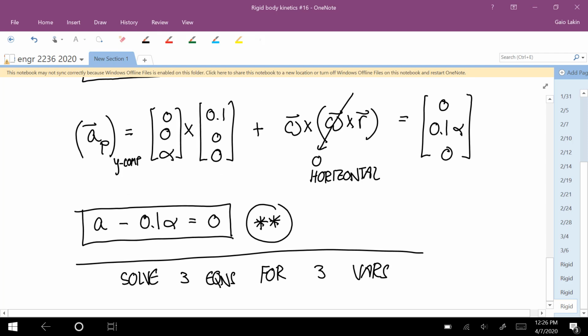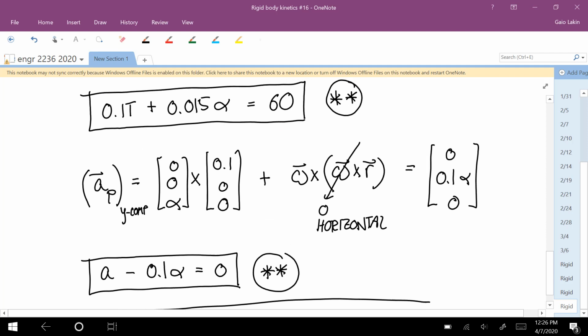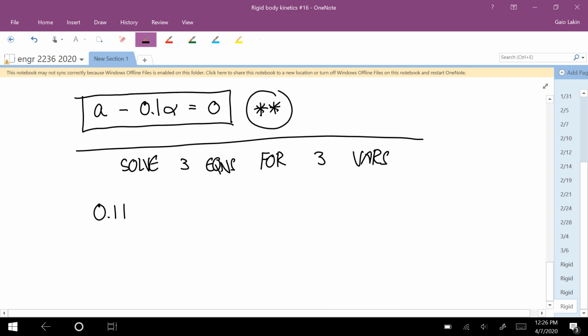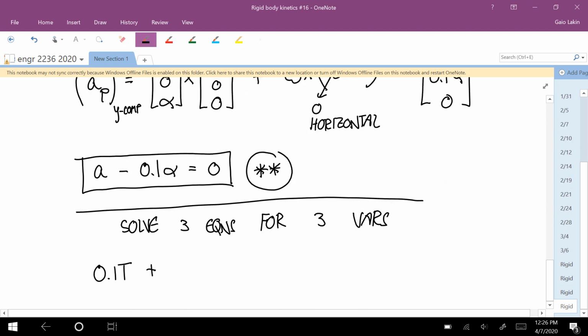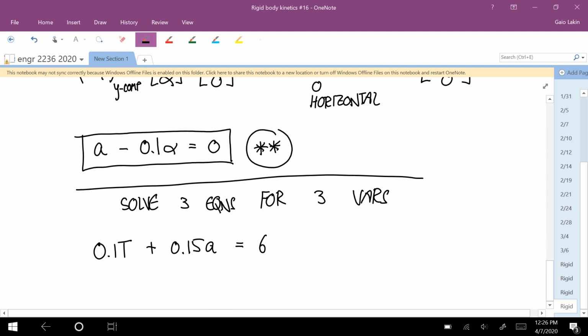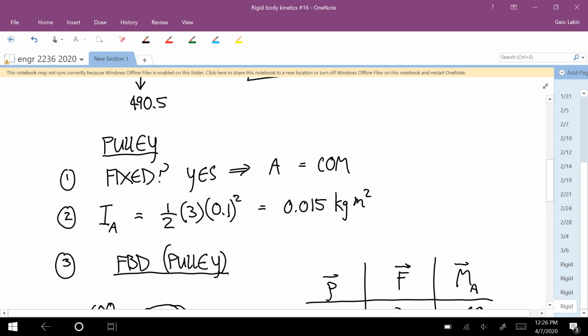Okay, so we know that alpha is equal to 10a. I'm going to plug that into the second equation, and we get 0.1 T plus 0.15a is equal to 60. And I'm going to solve that with the starred equation.